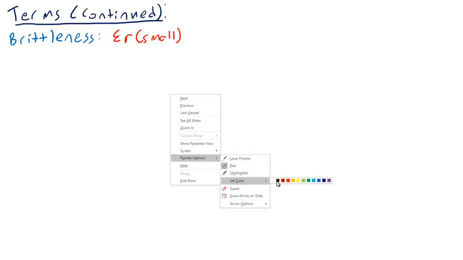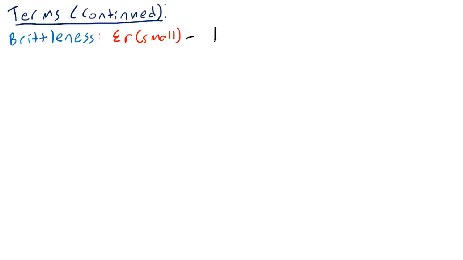So a brittle material breaks or ruptures without large deformations, with very small deformations. And this is the opposite of ductility.